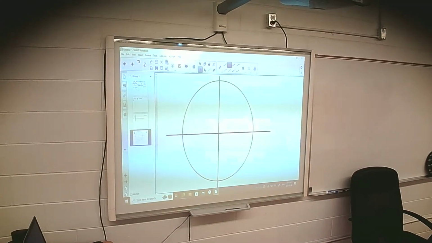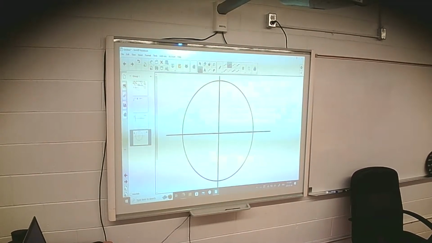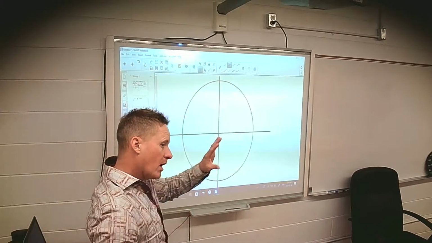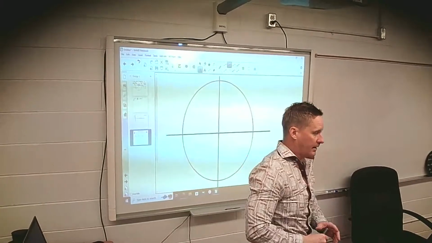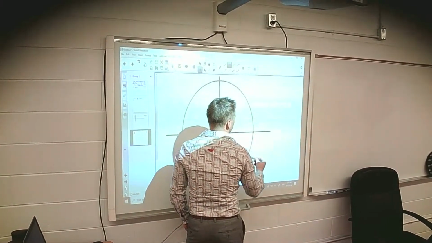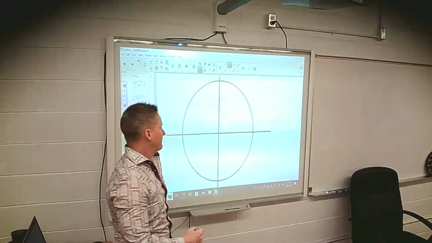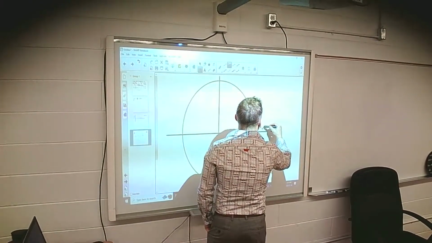All right, we're working with the unit circle. That means the radius is a value of 1. Okay, so everywhere around the circle, the radius is 1. What does that make this as a coordinate right here? 1, 0. Beautiful. Okay, 1 and 0.